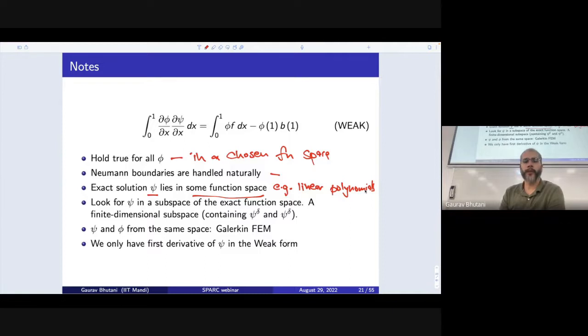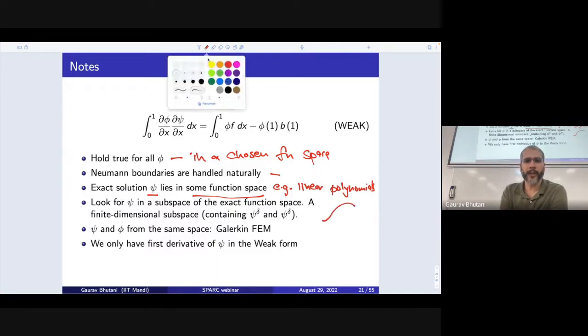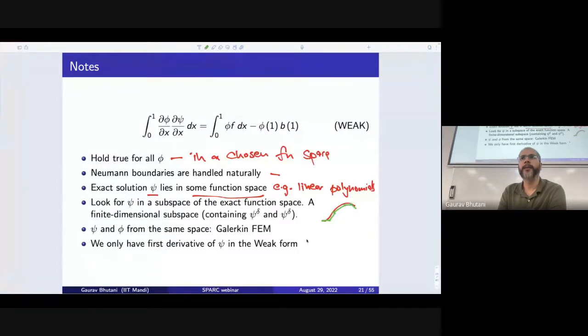Since we want to use computers, we cannot work in an infinite dimensional space. So what we do is we go from a function space which has infinite dimensions, which is continuous, to a finite dimensional subspace of that. So rather than predicting a solution which is continuous in nature, let's say if this was the actual solution, I will want to approximate it as a collection of five lines.